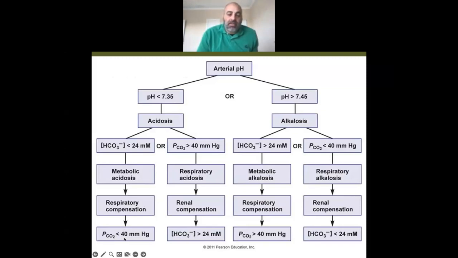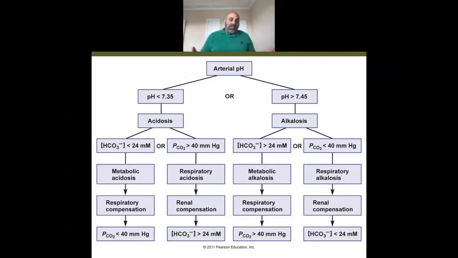If it's less than 40, they're trying to breathe out the hydrogen ion, and by doing so, there is respiratory compensation. So they have something wrong with their kidneys. They're losing bicarb, they're not reabsorbing it. And the respiratory system, they're breathing faster usually, trying to breathe out that hydrogen ion.